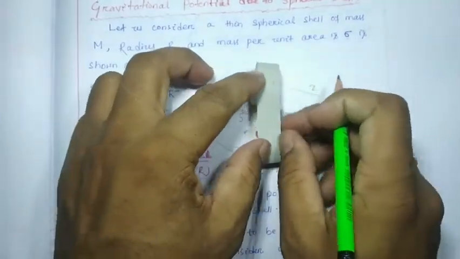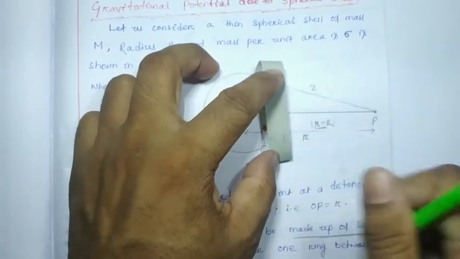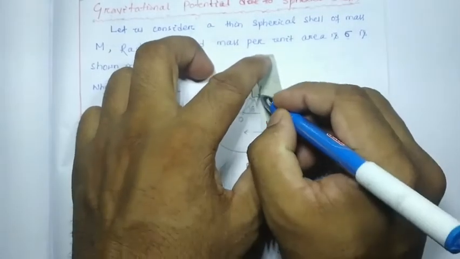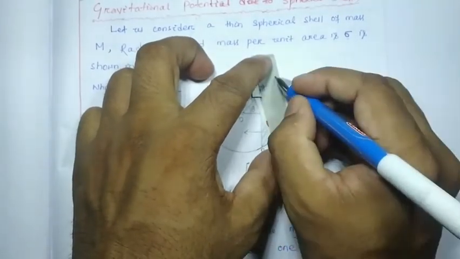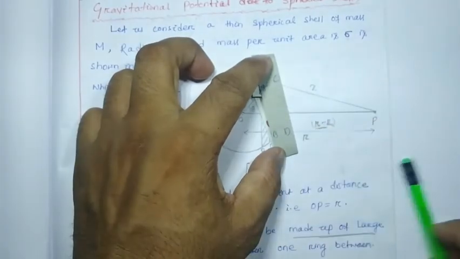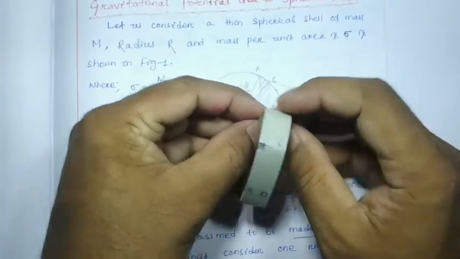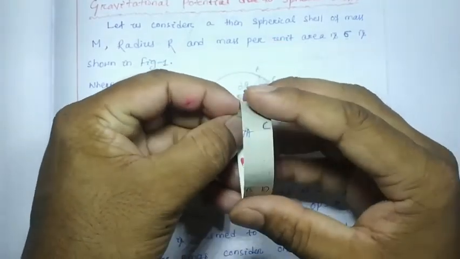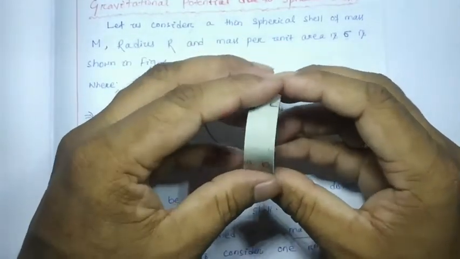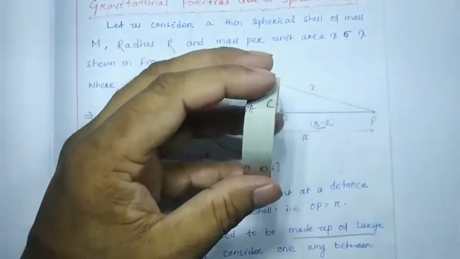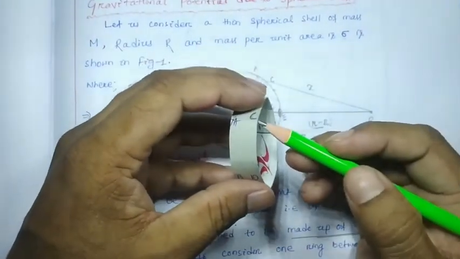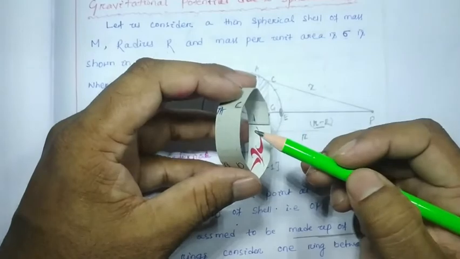Here in the 2D plane, it is like this: A, B, C, D. If I cut the shell, then I am going to get this type of ring, where the radius will be from here to this center.